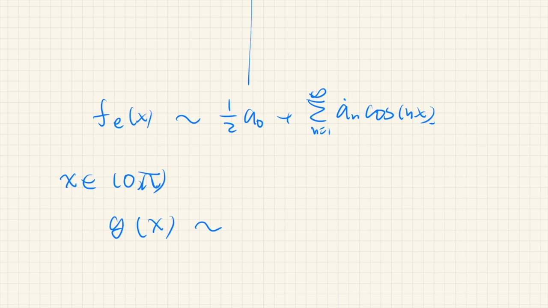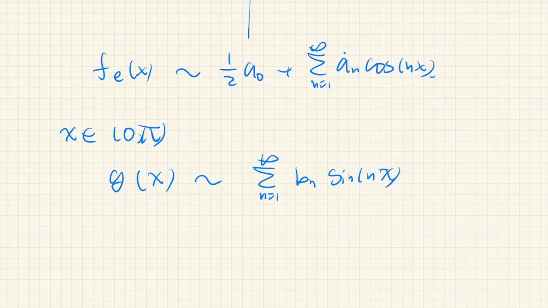First as a Fourier sine series, with sine nx, or as a cosine series. In two ways.